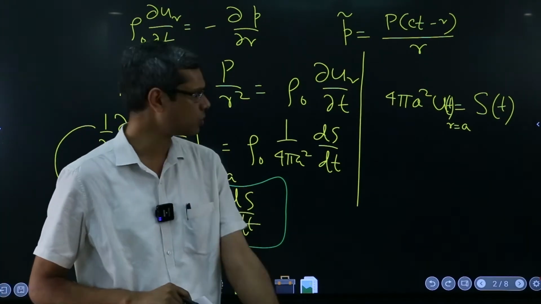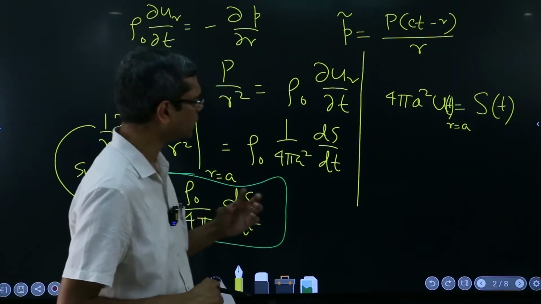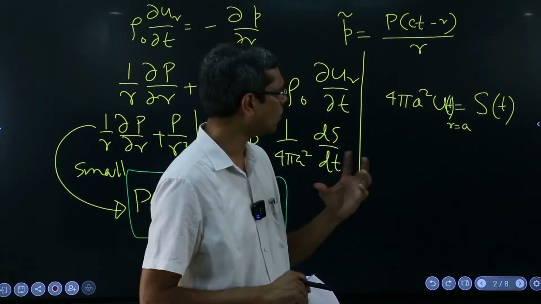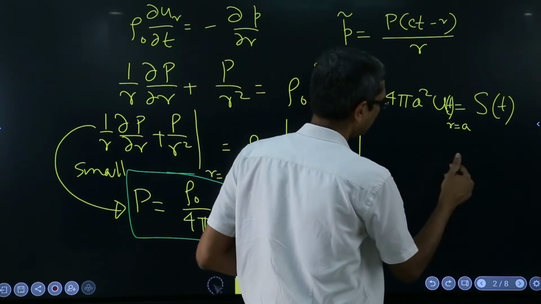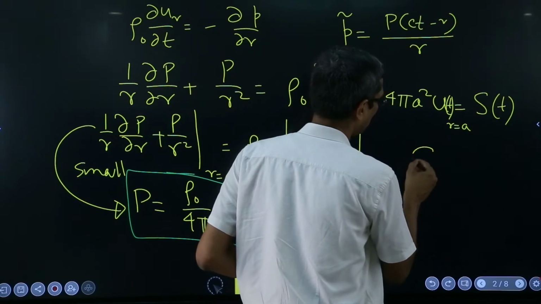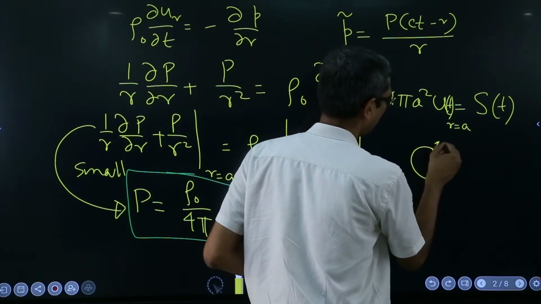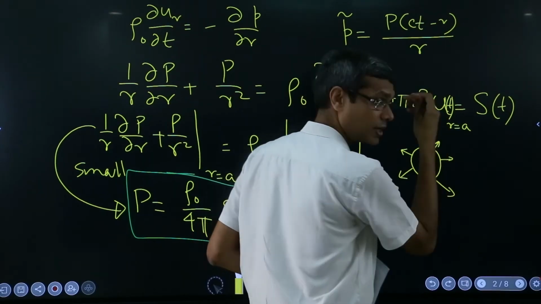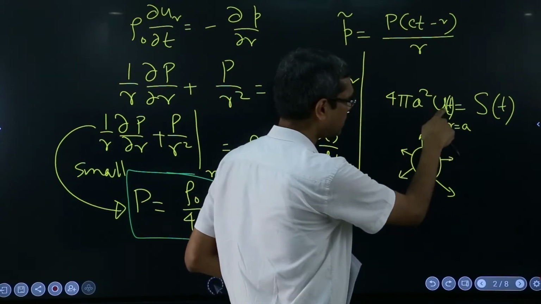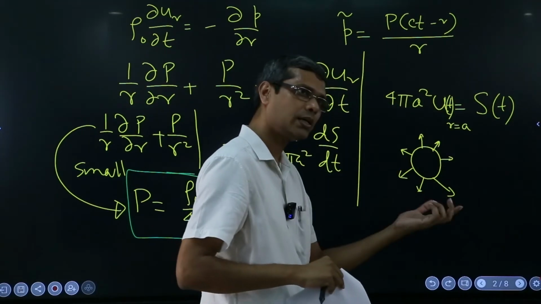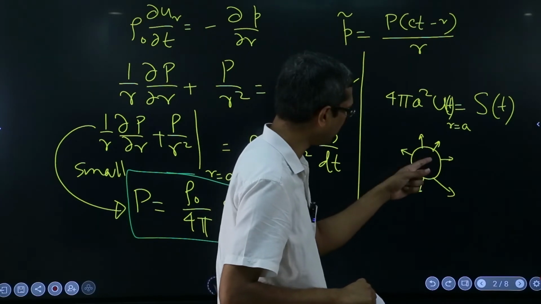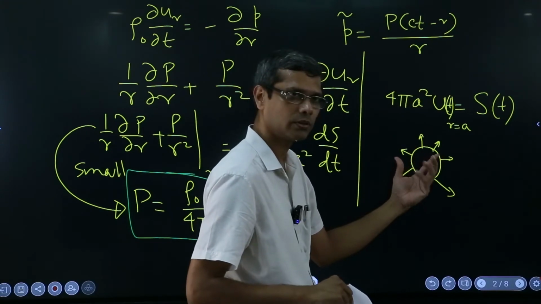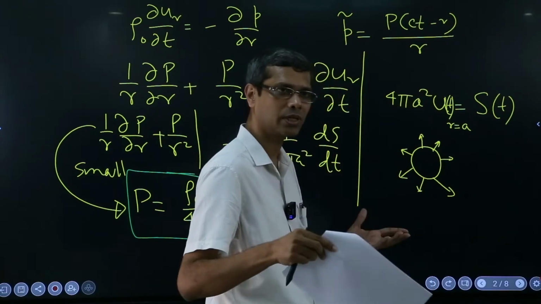And if you have a small source for which you know the velocity, it is very important to know that all the points of the surface are moving in phase. That's very important. So that's what this equation is representing. Okay, because this is just a function of time, physically it converts into the meaning that they are in phase. If it is a function of r theta phi, they will not be in phase. So the sound field will be completely different.